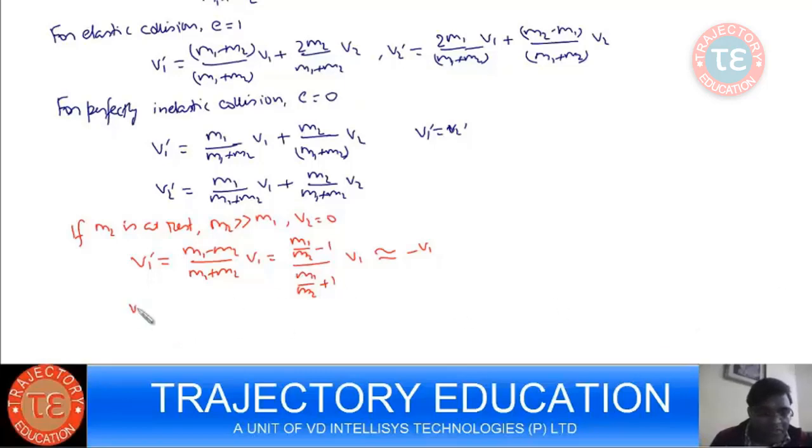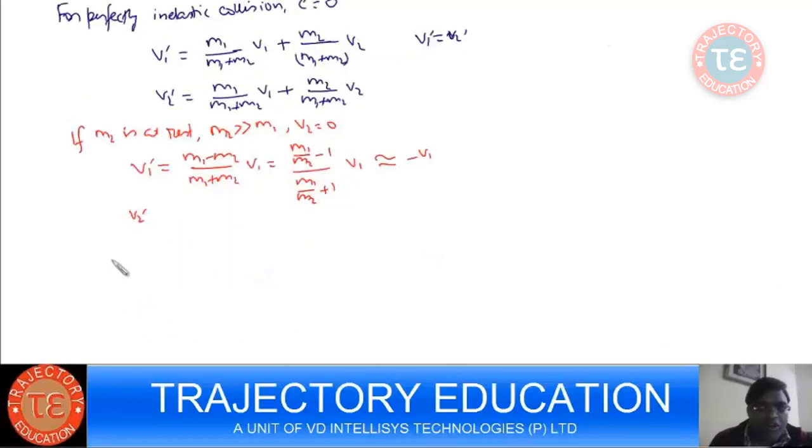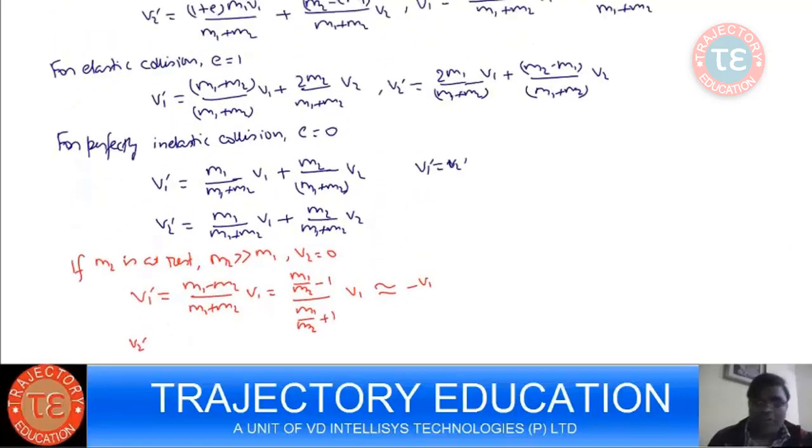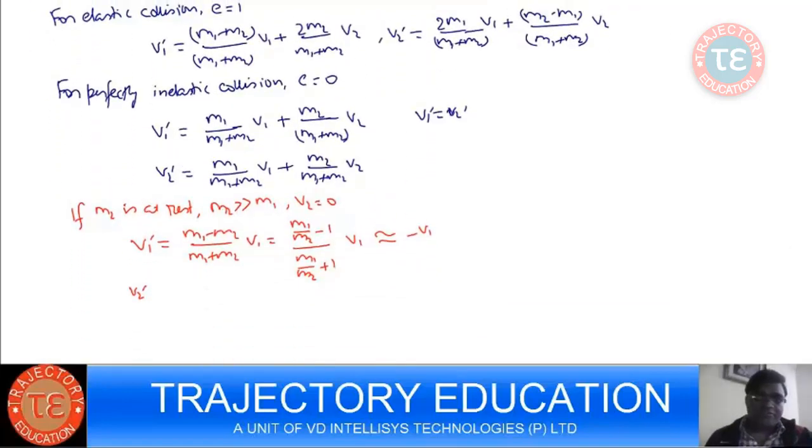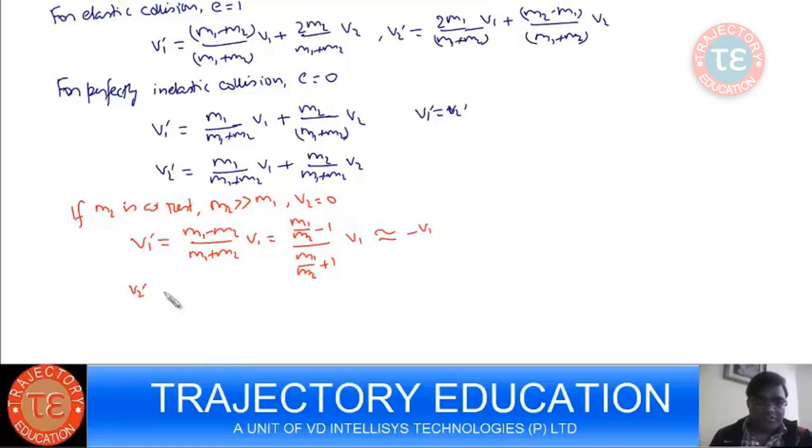And so what do I expect for v2'? Does the wall move when you throw the ball on it? Have you ever tried? It doesn't move. So my result should give you that v2' should be 0.